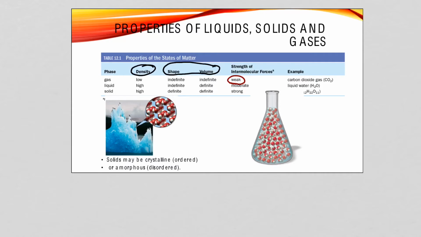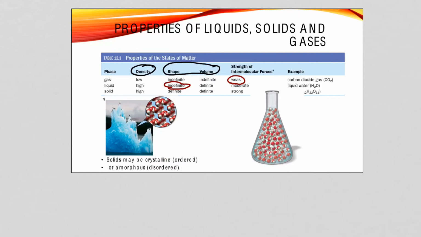And liquids have defined volumes because of the presence of intermolecular forces, right? Now, the strength of these, the moderate intermolecular forces that exist in a liquid, allow them to have some additional motion, which allows for the shape to change for things like flow and pouring and some movement, whereas solids are essentially locked into place, right?